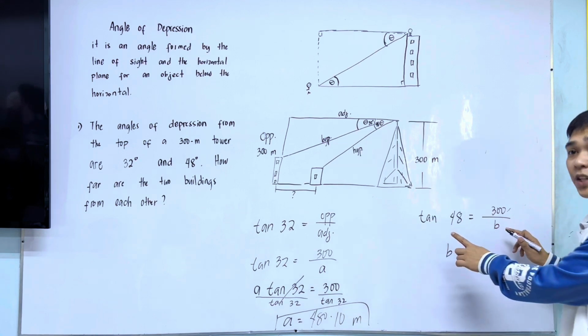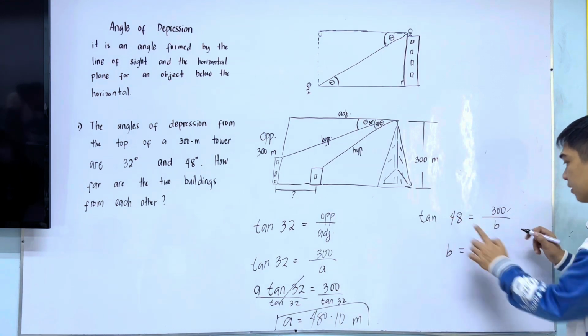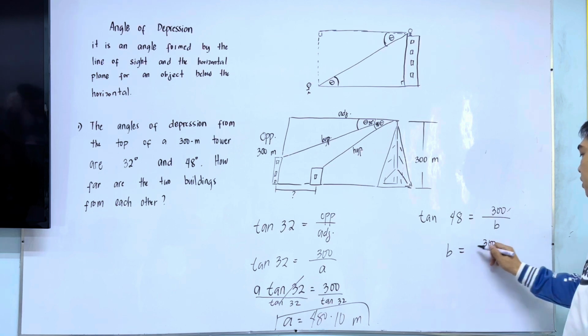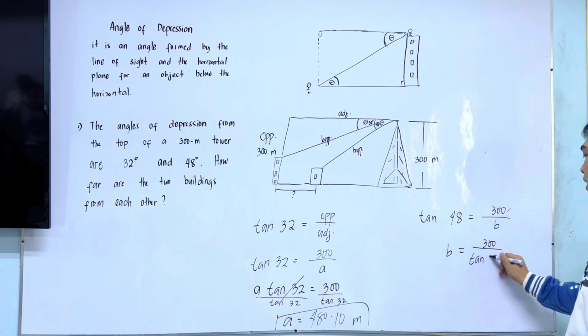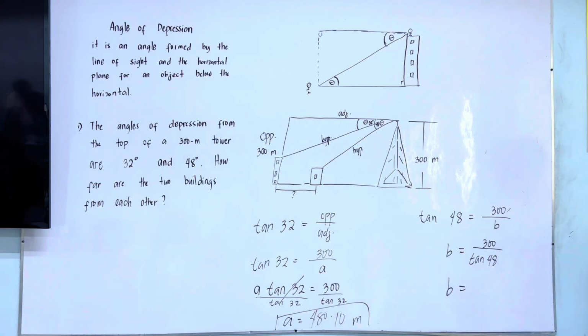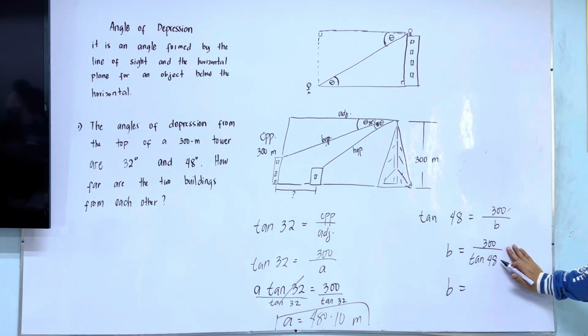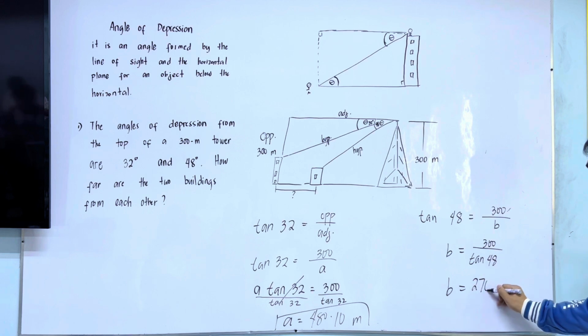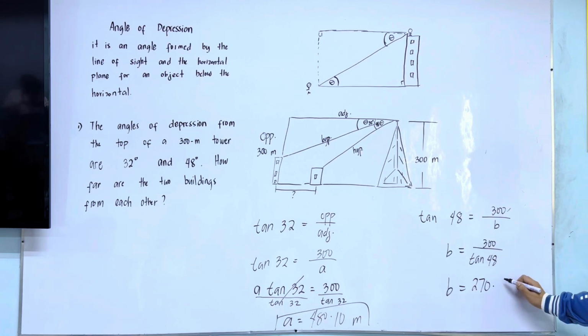Shortcut kasi dito, pagpalitin lang. So we have 300 over tangent 48. Ilan? Calculator nyo. 270.12.